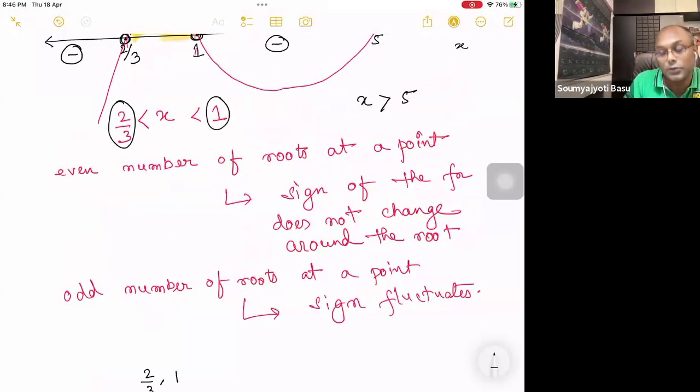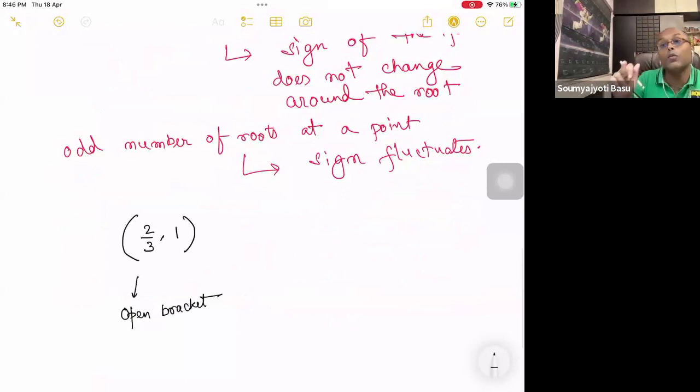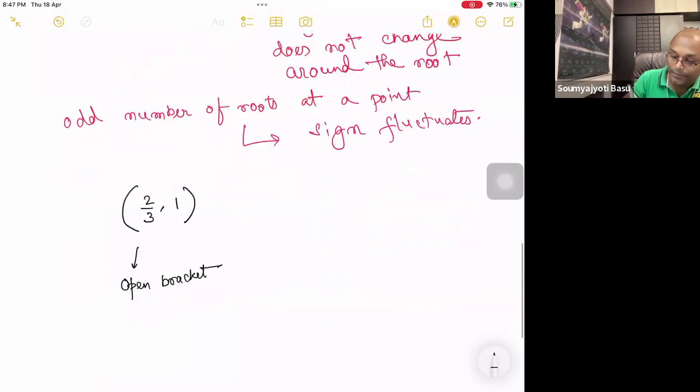And in this case, 2/3 and 1 are not included over here. If the endpoints are not included, then you give an open bracket around them. If 2/3 and 1 were included, then you would have given the third bracket, okay? So you can write like this: x belongs to (2/3, 1).